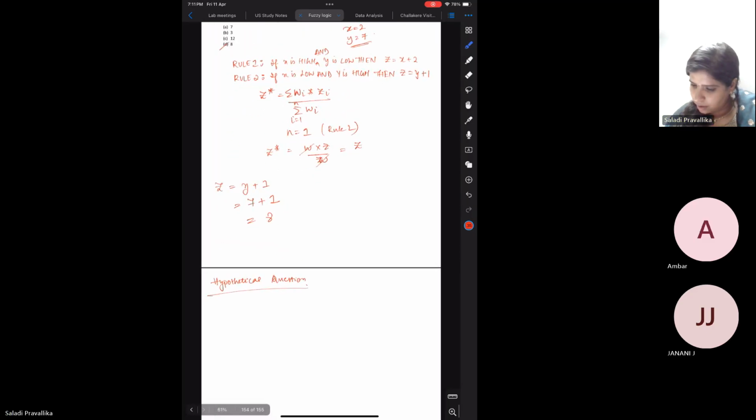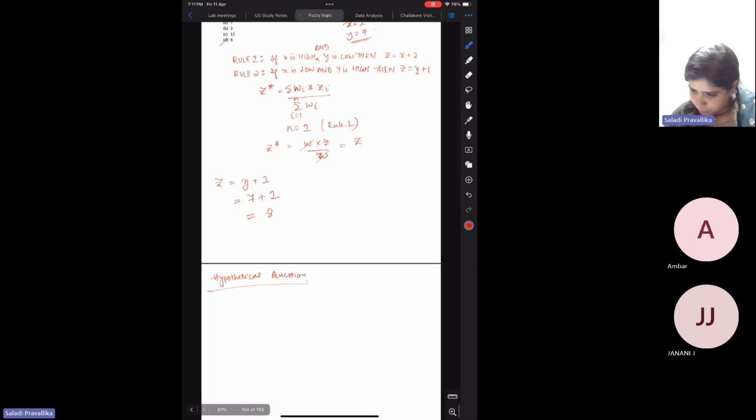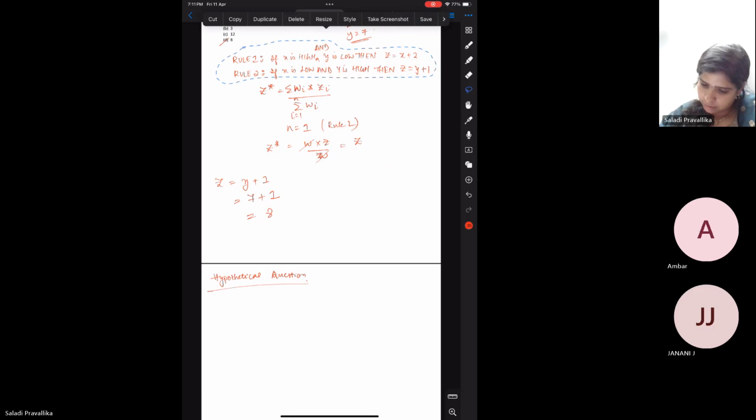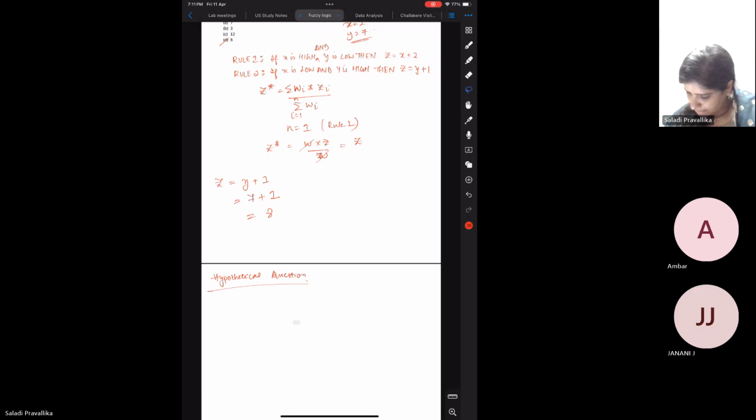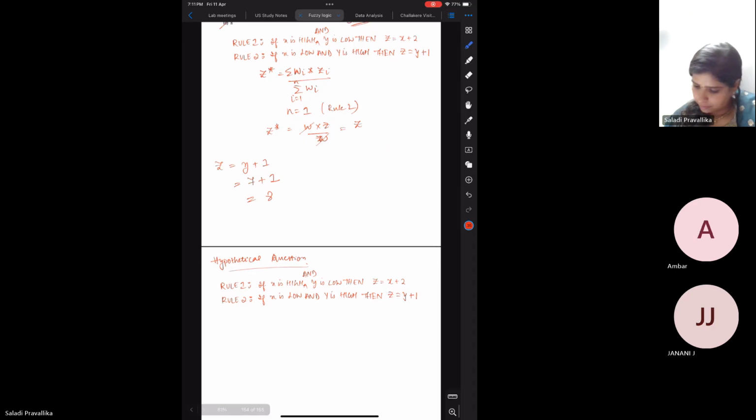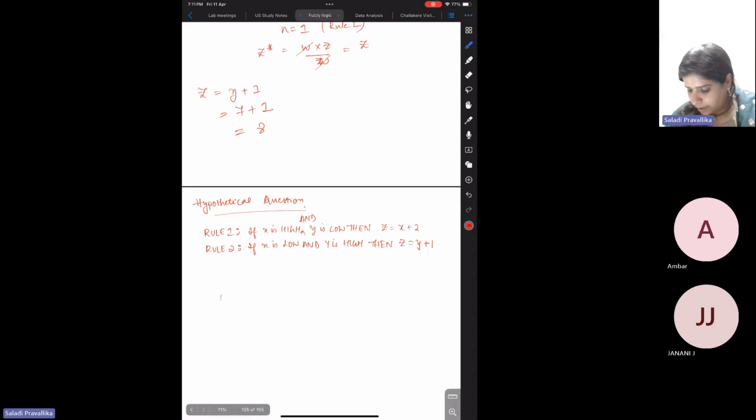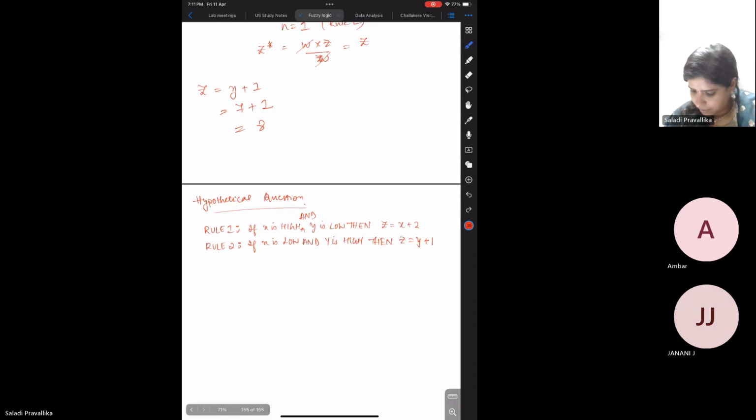Let us just take the same rules again. Let us say for x equal to 5 and y equal to maybe let's say 8.